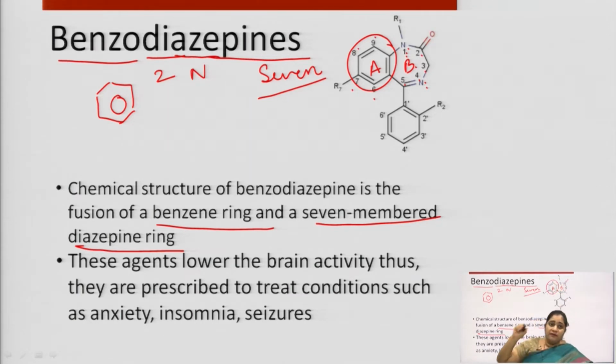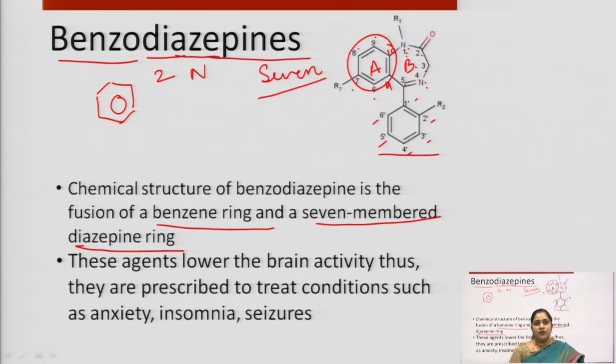As we have already studied the numbering of this fused system, we always leave the fusion phase, and at last we number it 10 and 11. At position 5, there is already a substitution, that is a benzene ring. So, we have shown its numbering with dashes: 1 dash, 2 dash, 3 dash, 4 dash, 5 dash and 6 dash.